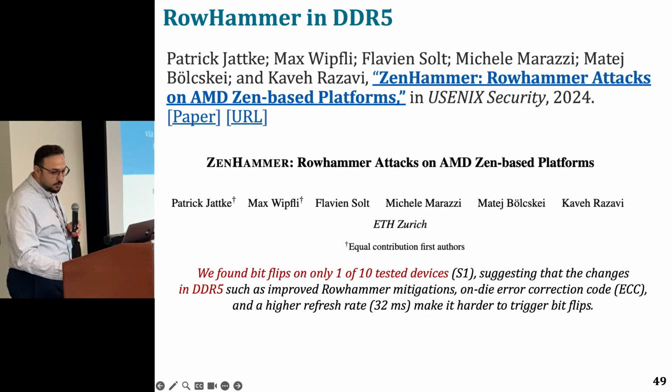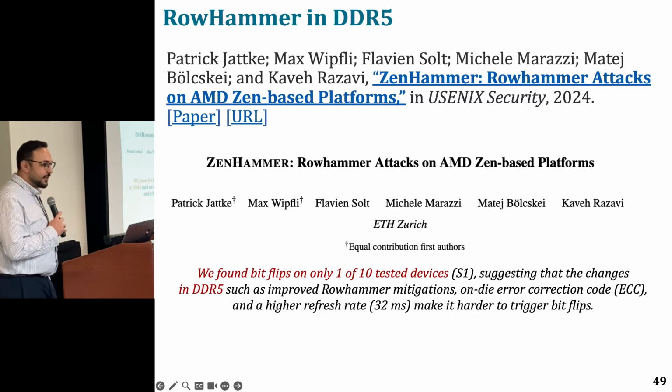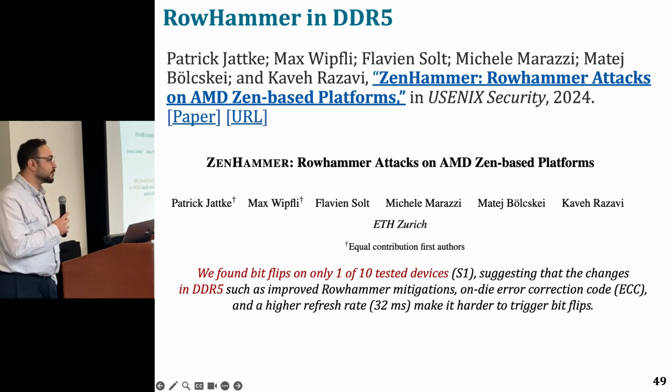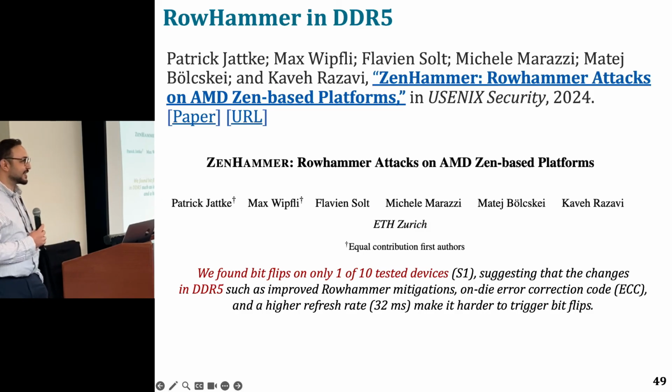For example, there is an upcoming paper, again not my paper, so I can't show the author names, that shows that even in DDR5 today, which is supposed to be RowHammer free, you can actually achieve bit flips. I'm not aware of any articles that say that this many devices are hacked already using RowHammer. Probably attackers are using simpler methods now, like phishing attacks or things like that. But the vulnerability still exists at the system level.